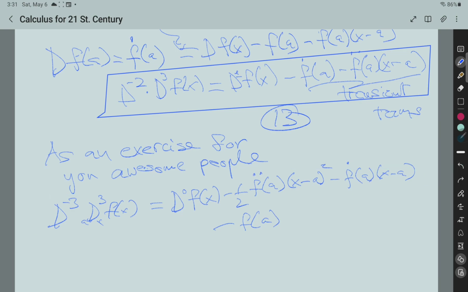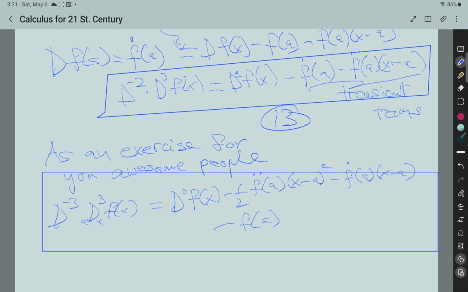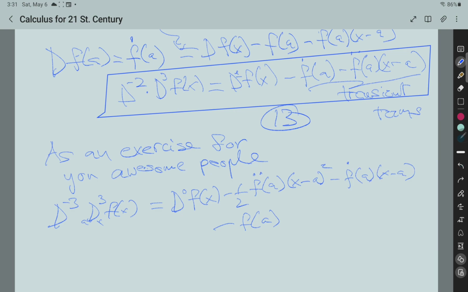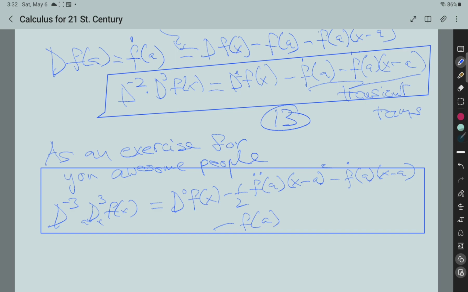Oh, that box is kind of weird looking. All right, so I'm just going to call this equation 14.